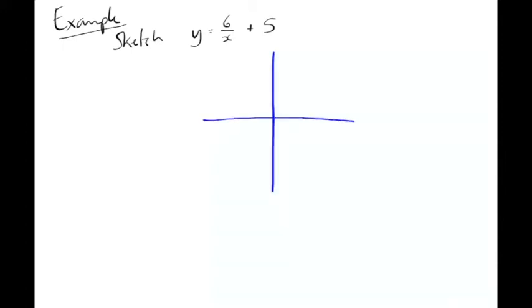We'll have a look at another example of one of them. We'll sketch y equals 6 over x plus 5. You could work this out value by value for x is 1, 2, 3, and it will turn into this shape up here. So it's the same, it's just been translated upwards.